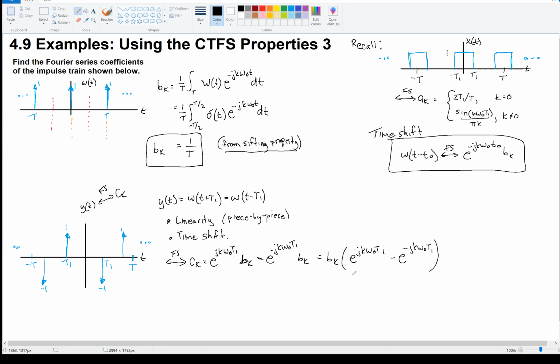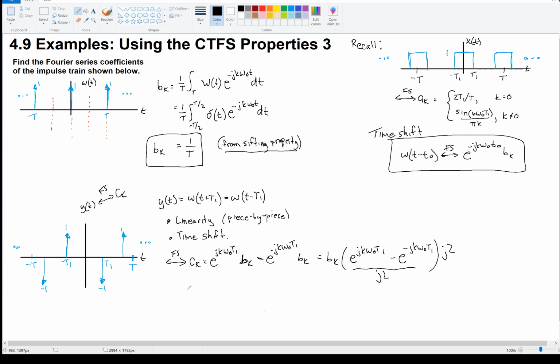Now if you are very observant, you might see that there is a sinusoid happening here. If I take this and divide it by j2, of course then I need to multiply by j2, then inside the parentheses is a sine wave.